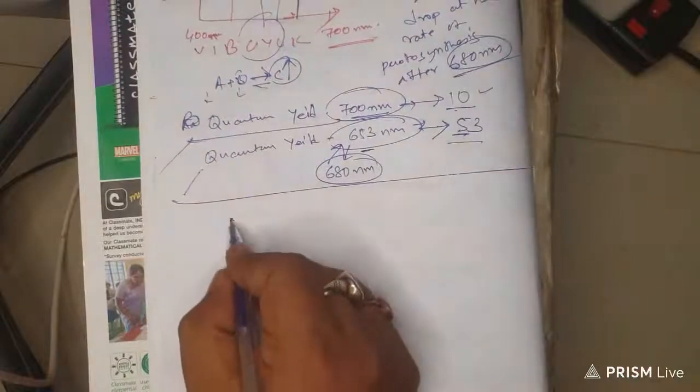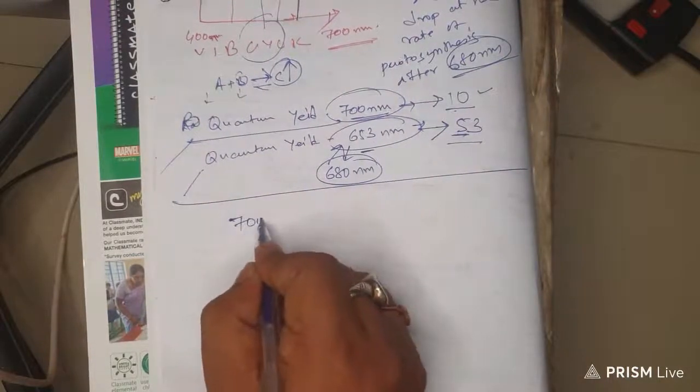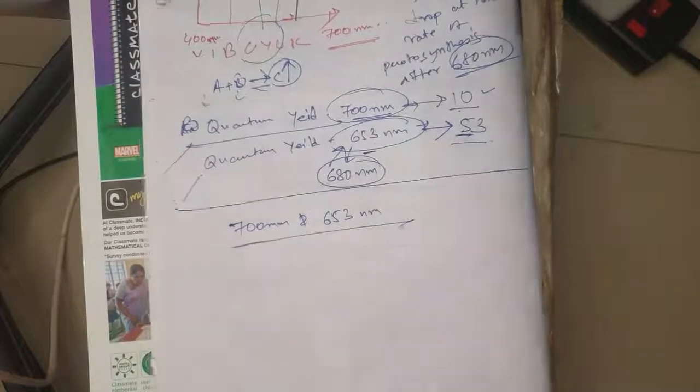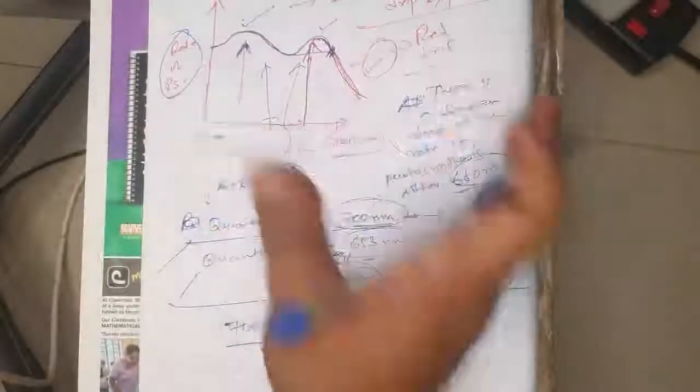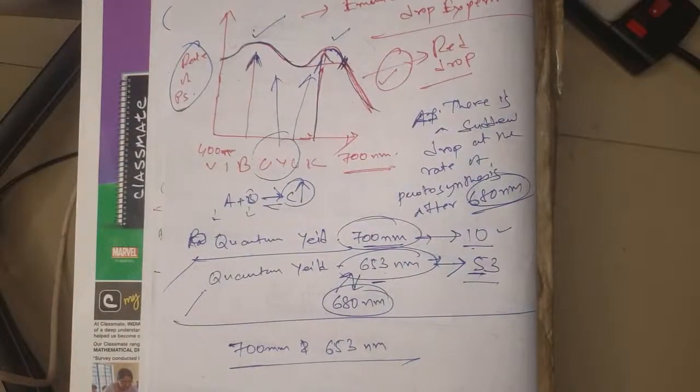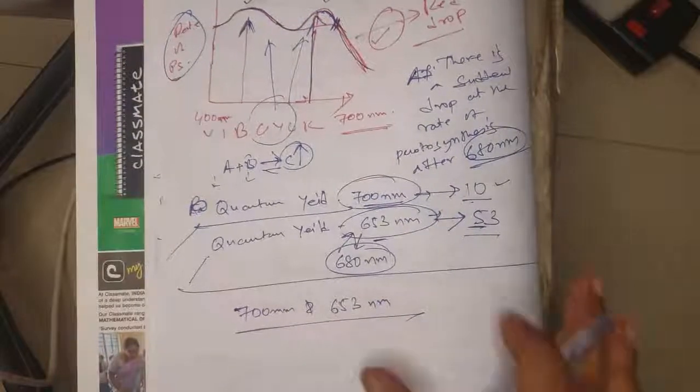But when he exposed the plant at together 700 nanometer and 653 nanometer, now what is this? আমি তো এখনই একটা স্যাচুরেশনের থিওরি দিলাম, তার মানে স্যাচুরেশনের থিওরিটা কি হয়ে গেল? ভুল হয়ে গেল। কারণ কেন ভুল হলো? দেখ, this saturation theory becomes wrong.